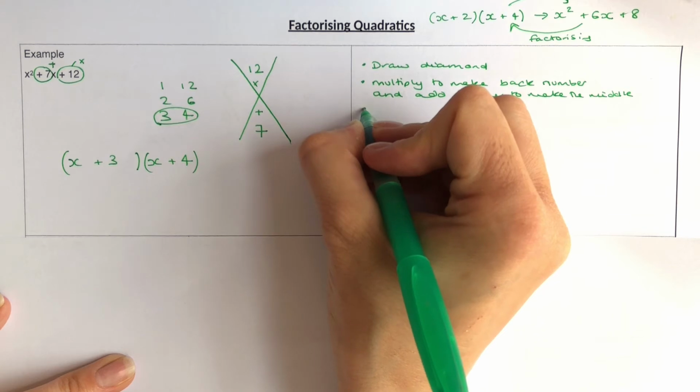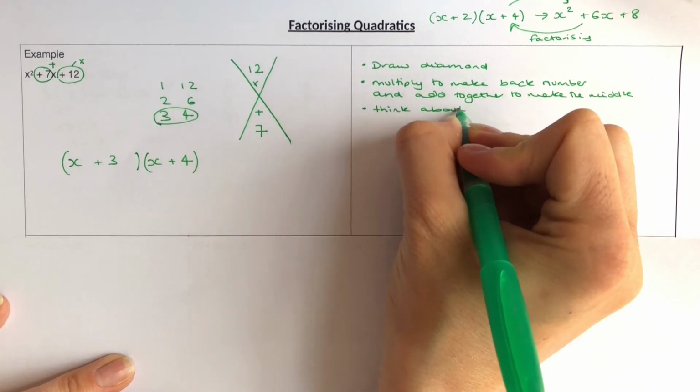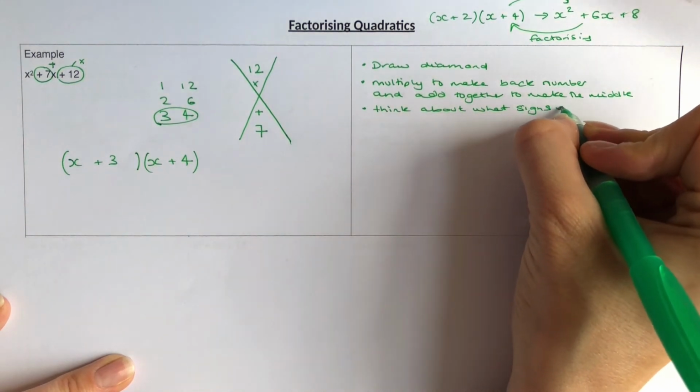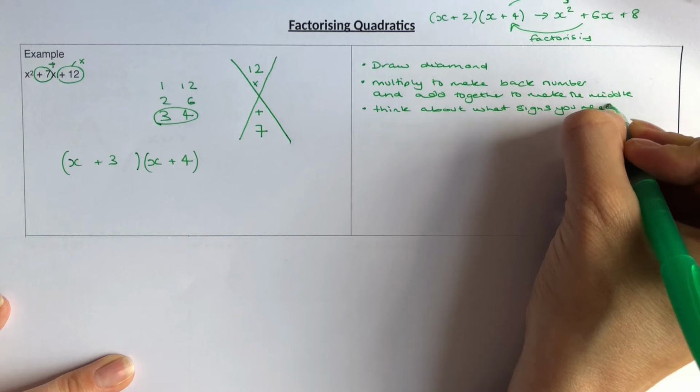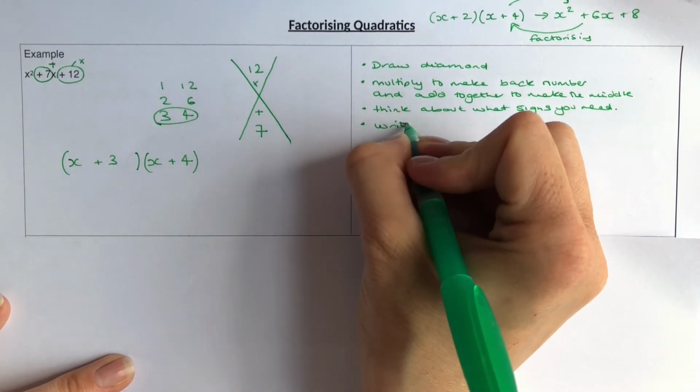Okay, so think about your signs first. So think about what signs you need, and then write out the factors.